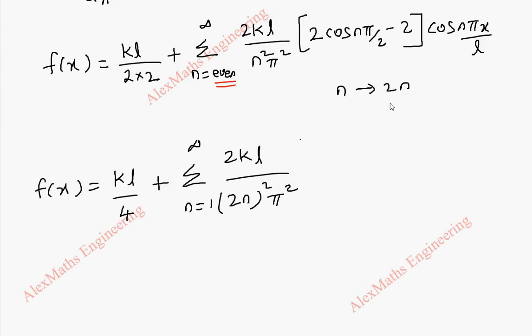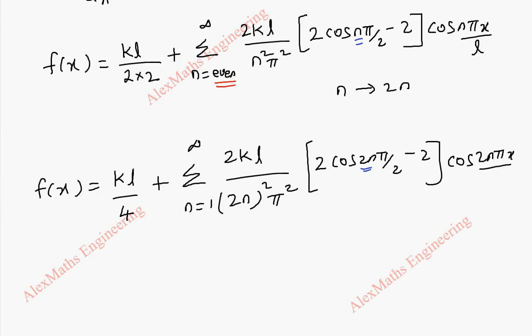N is replaced as 2n, and here it is 2 cos 2n pi by 2, because even here I replace this n as 2n, and we also have minus 2 at the end. Then outside we have cos 2n pi x by L. So every n I replaced with 2n. So our series changes from even to infinity as 1 to infinity.